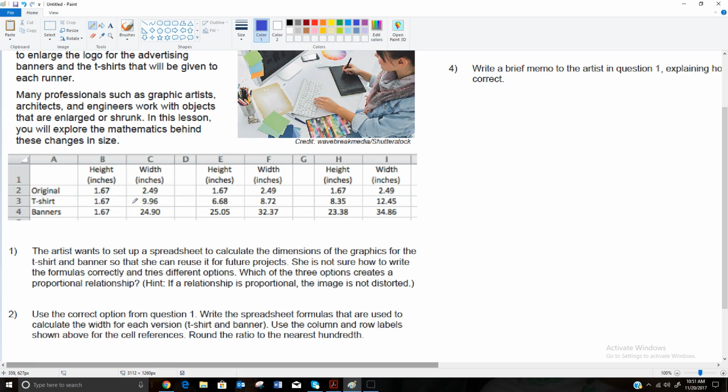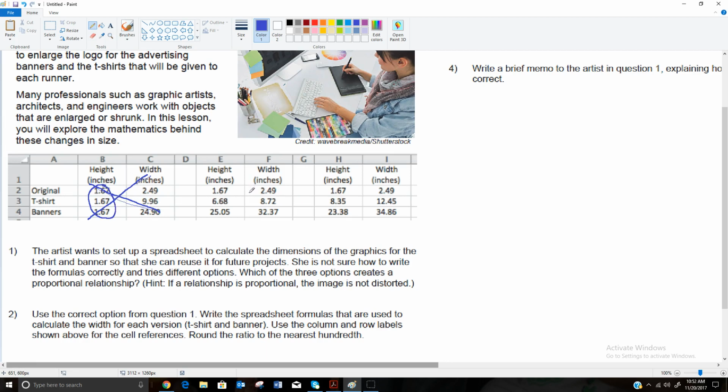Well, that's not going to keep the same proportions. It's going to be distorted, so this is definitely not the option that we want. Let me try that again with a thicker pen. Okay, so this one we can rule out because these are all the same. Okay, so because of these all being the same, we know that's not okay.